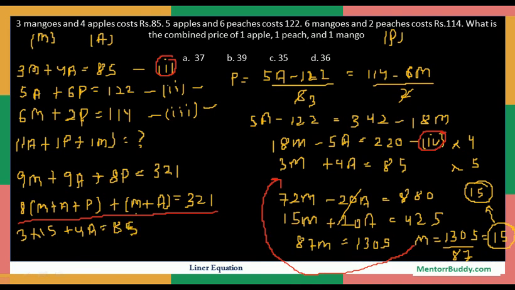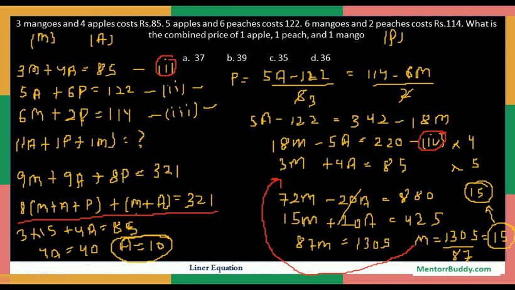So 4A will be equal to 85 minus 45, that is equal to 40, and A will be equal to 40 upon 4, that is equal to 10. So we are getting the value of A to be 10. So we are getting the two values, that is A and M, to be 10 and 15.